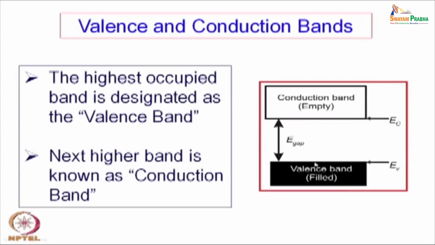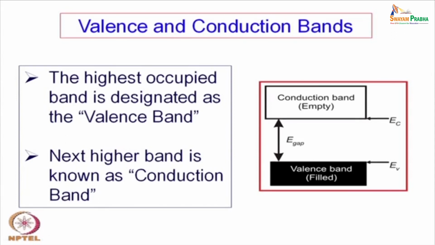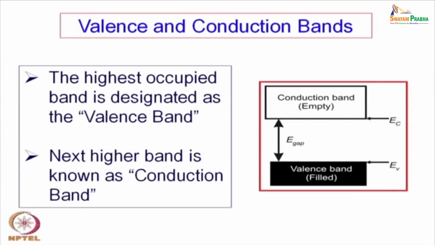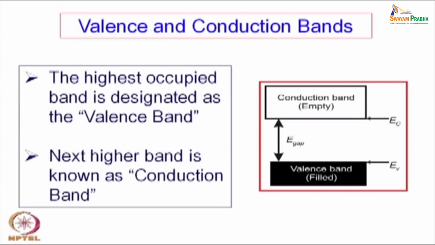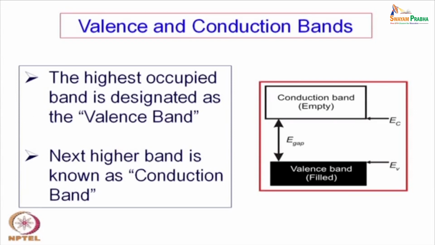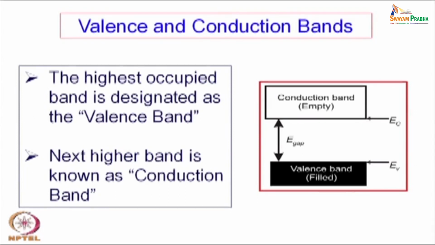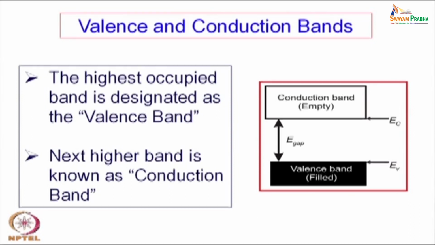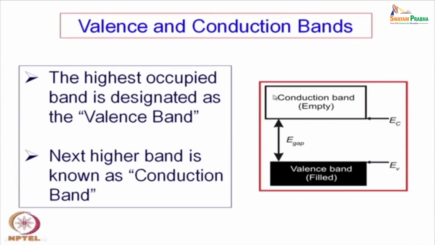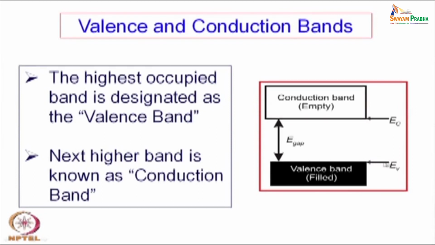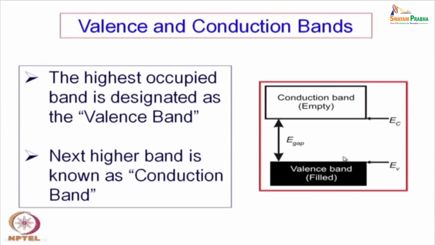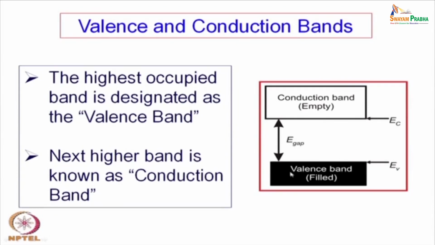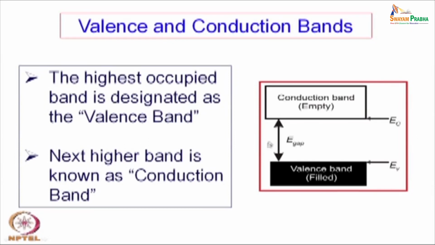In fact, this gap is along a particular vertical line. Since drawing a vertical line with a gap is not a very convenient or good way of drawing something, for better representation we draw a horizontal line, okay, but the width is absolutely immaterial here. So, this is how we draw a band diagram.